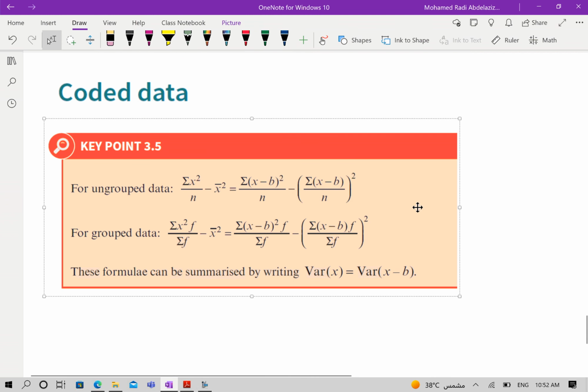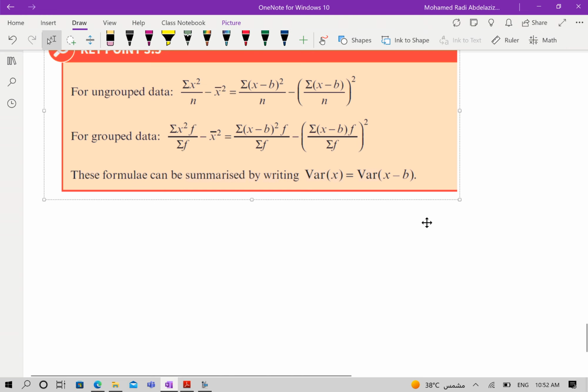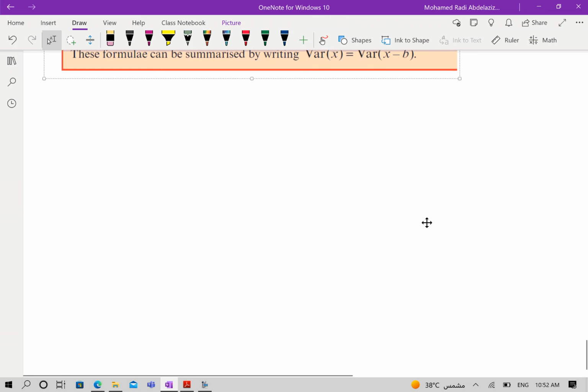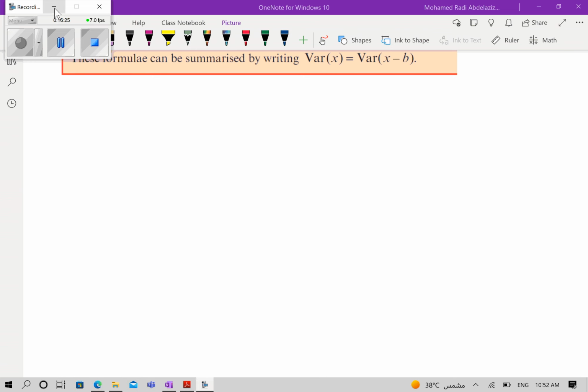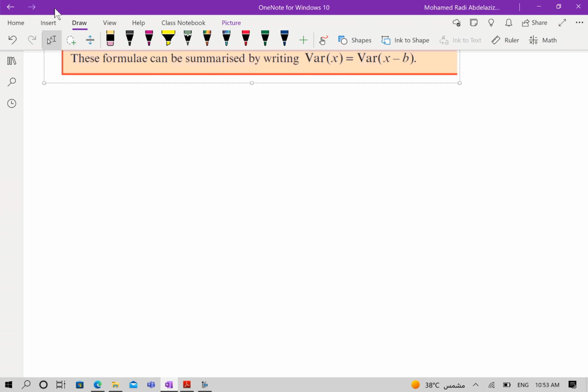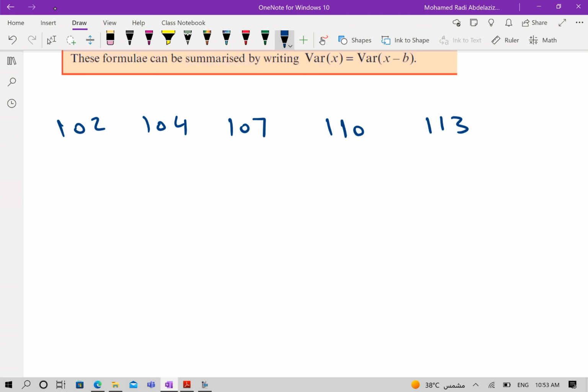We explained before when you calculate mu by using the coded data by subtracting a value or adding a value. I will explain this part again, then we'll explain how to use it for calculating the variance. I will give you values. If we have 5 values, like 102, 104, 107, 110, and 113.